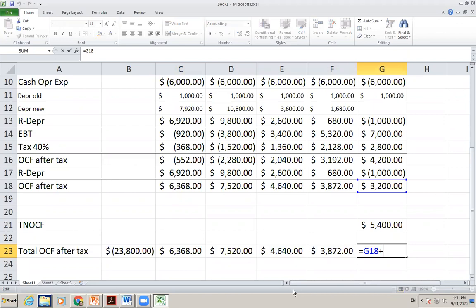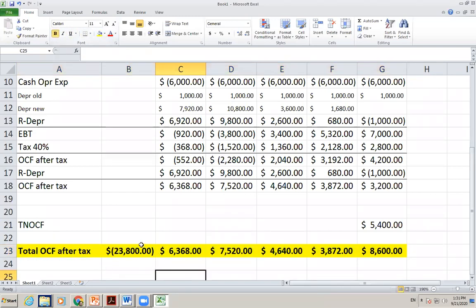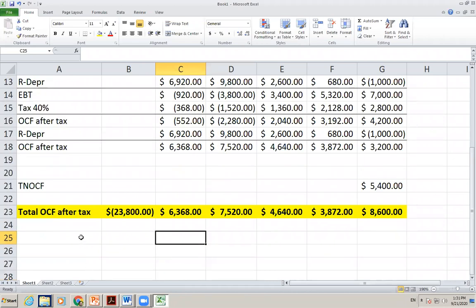However, with one difference, we're adding this terminal non-operating cash flow. And this was our aim, to estimate these cash flows in order to find out whether our replacement of the old equipment with the new equipment will be profitable or not. We know the cost of capital is 11.5%.